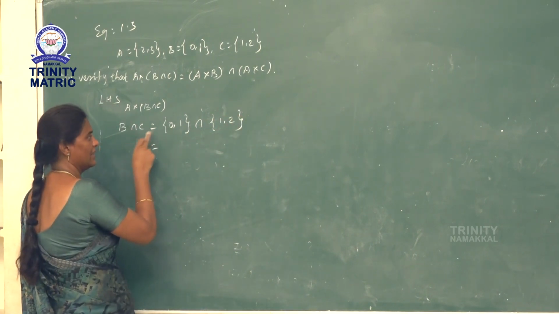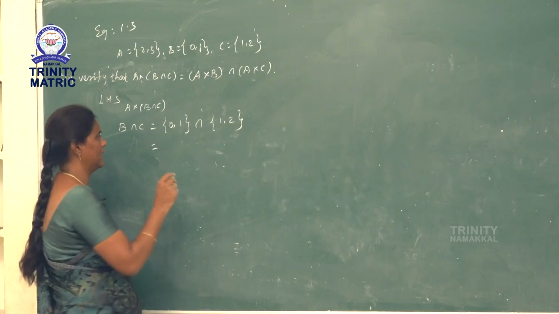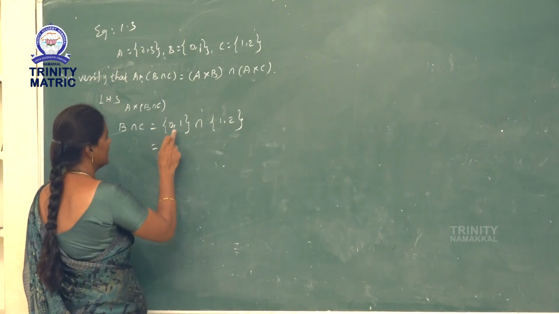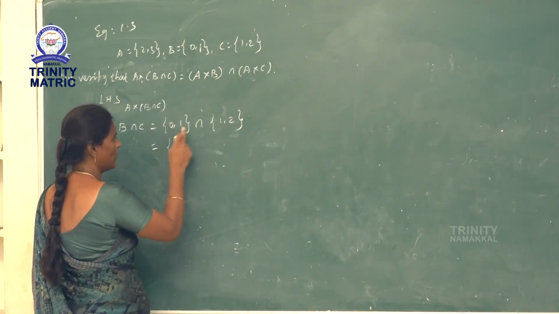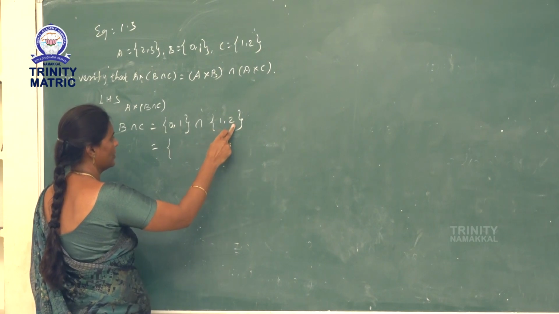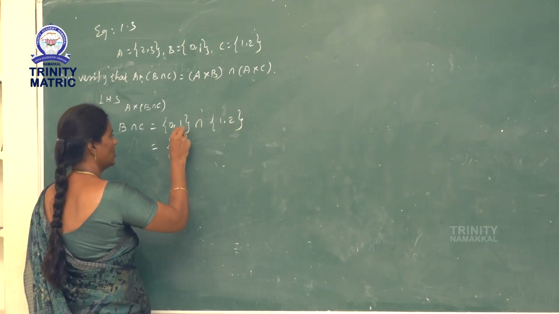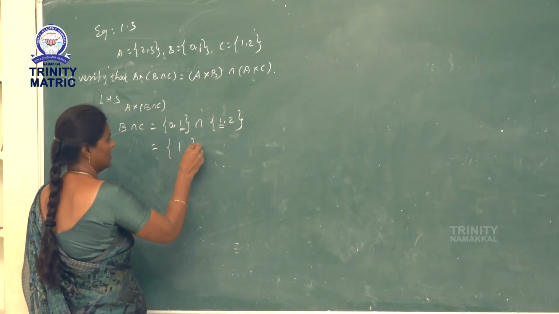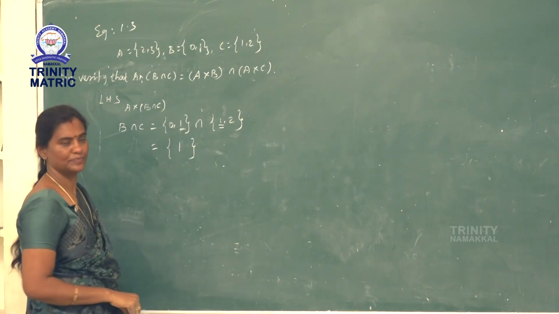Intersection means we take only the common element. In the set B we have 0 comma 1, and the set C is 1 comma 2. In both sets the common element is only 1. This is B intersection C.